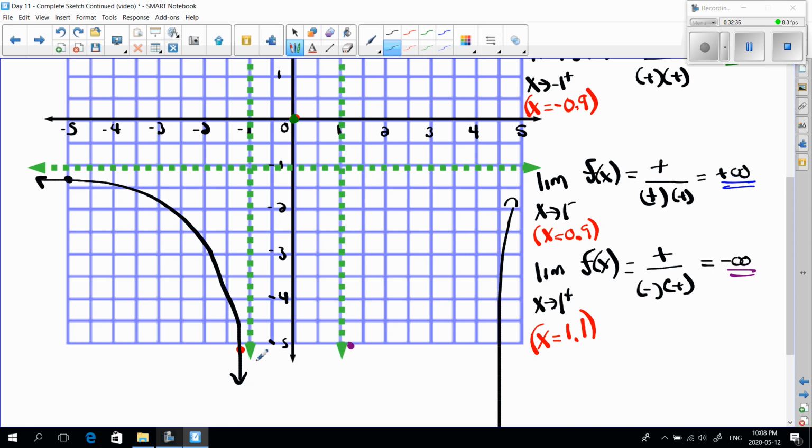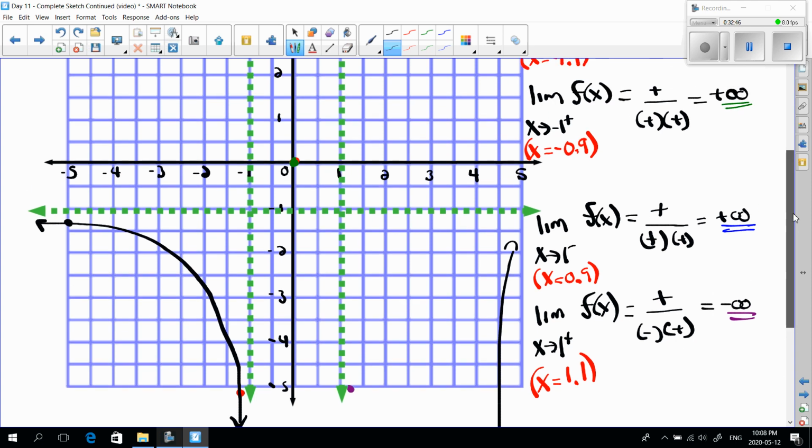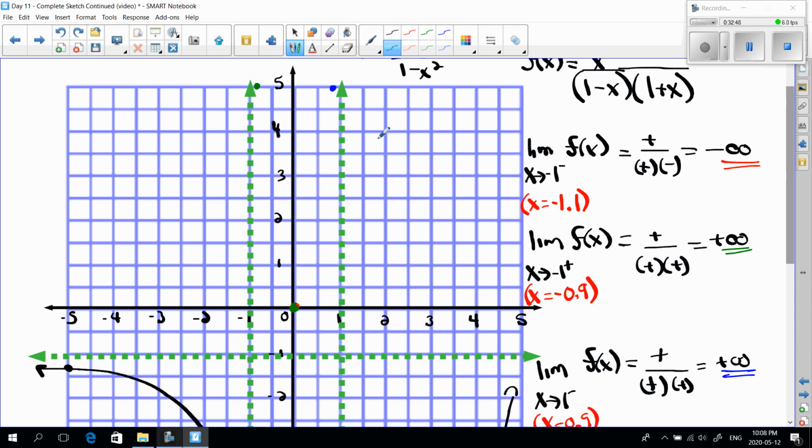So this curve is going to bend up towards the horizontal asymptote. It's flattening out, and it bends down as it gets closer to negative 1. It's decreasing from negative 1 to 0, and then it's increasing.